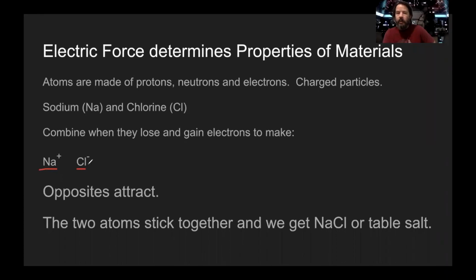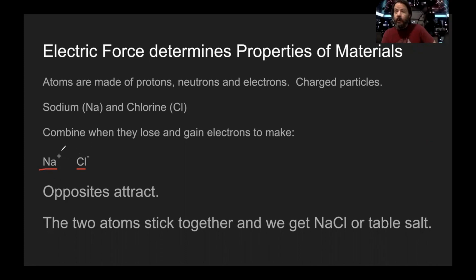Basically, chlorine picks up an extra electron, sodium loses an electron, doesn't change protons. If it changes protons, it becomes a different element, so it's not sodium anymore. Okay, that's called a nuclear reaction. So the protons don't change, only the electrons ever change from atom to atom.